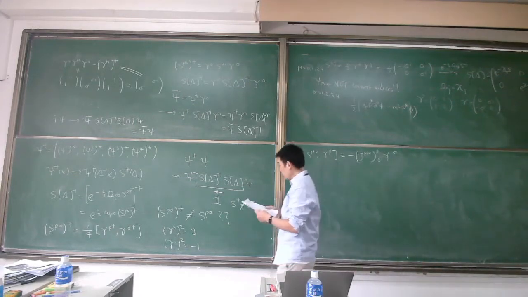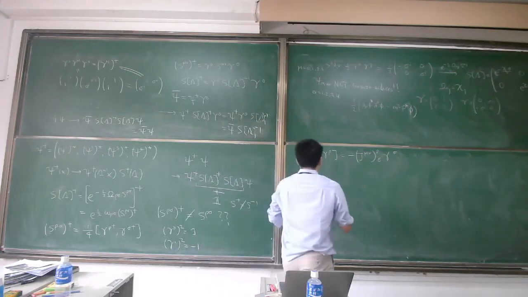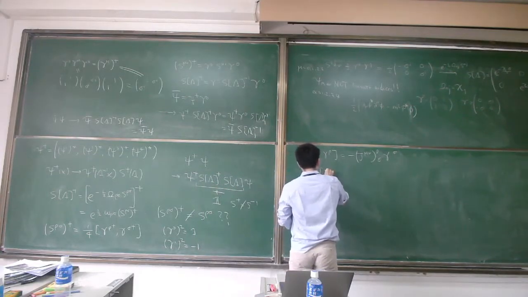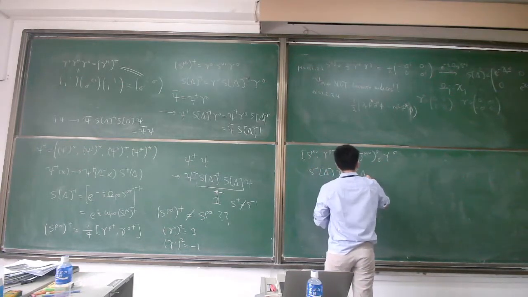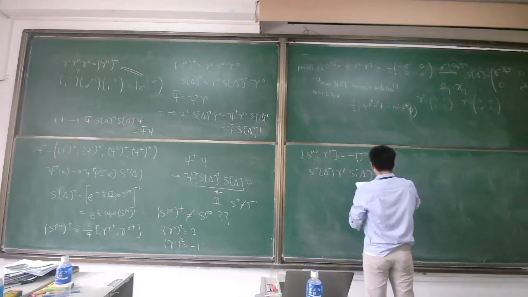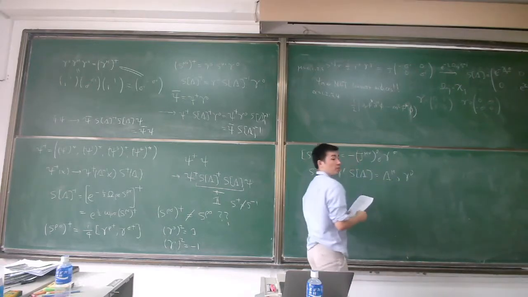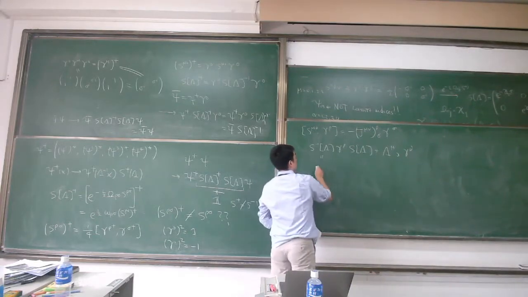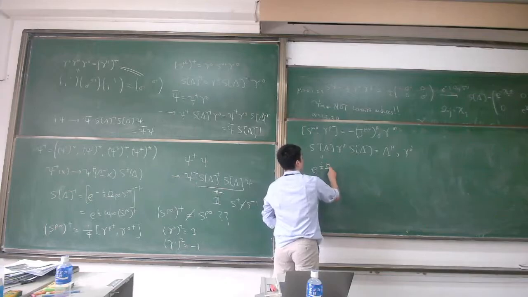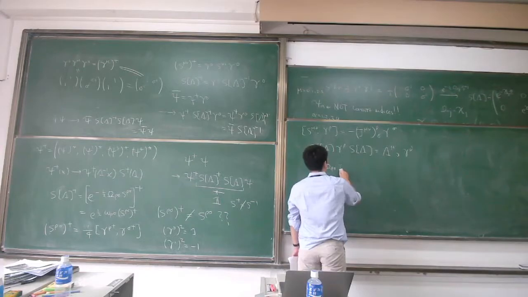If you exponentiate this relation, we have the following relation. So this means that S inverse of lambda, gamma rho, S of lambda is equal to... can you see this relation? We know that S is equal to e to the i over 2 omega rho sigma S rho sigma.